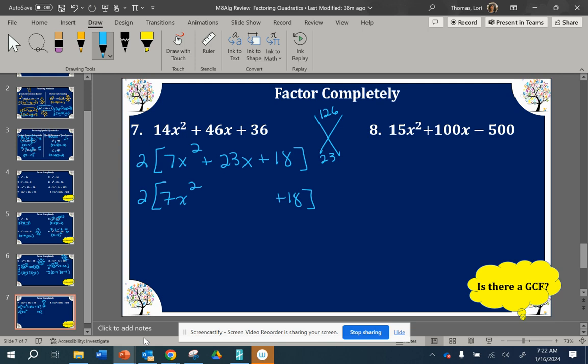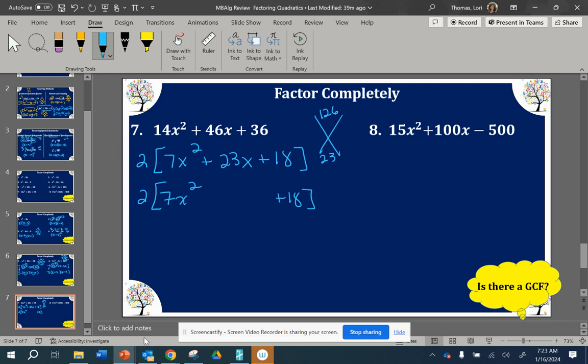Get my calculator out. And so, just as a reminder, we're going to go to table on our phone. We're going to put in, it prompts us with y equals 126, click divide, and then your x variable, because we're trying to say what factors of 126 are going to add up to 23.